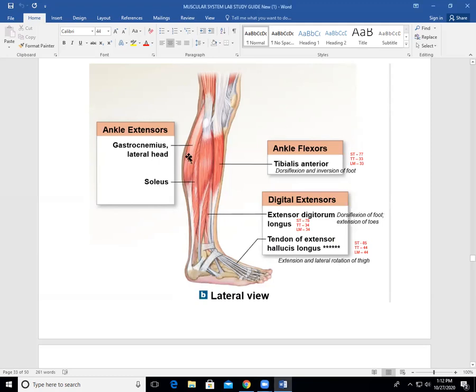Now here on the posterior side, you've got gastrocnemius. You can see the lateral head of it. It helps to extend the ankle, or plantar flex it. You can also see the soleus muscle, also involved in plantar flexion.